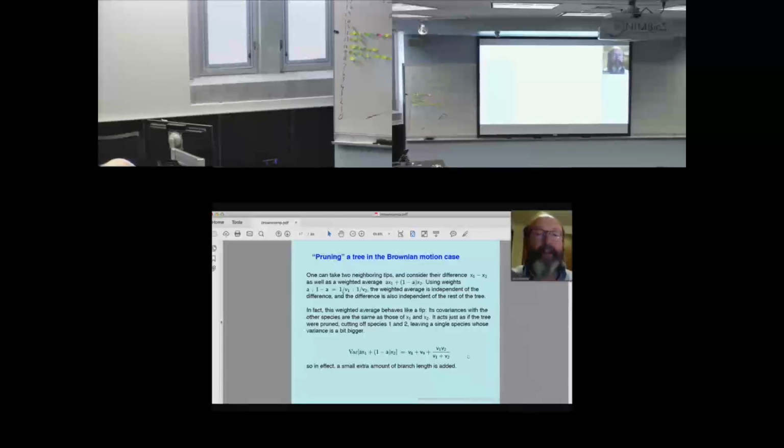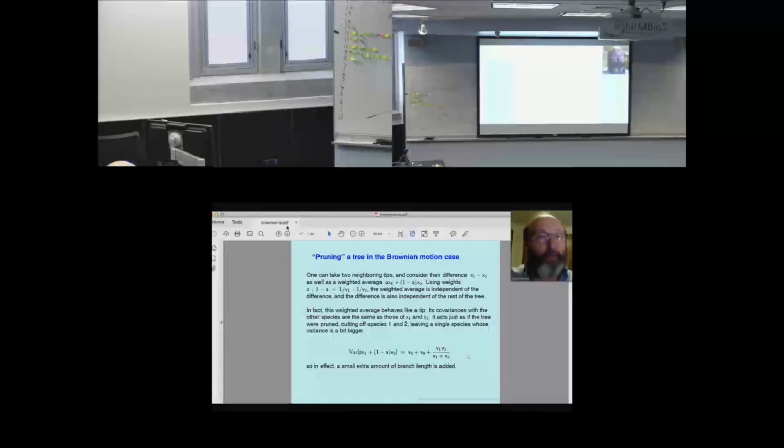And the weighted average that you compute then behaves like a tip. It has covariances with the other species on the tree. And it acts just as if you've taken those two tips and pruned them off the tree, leaving behind a weighted average whose variance you can compute.